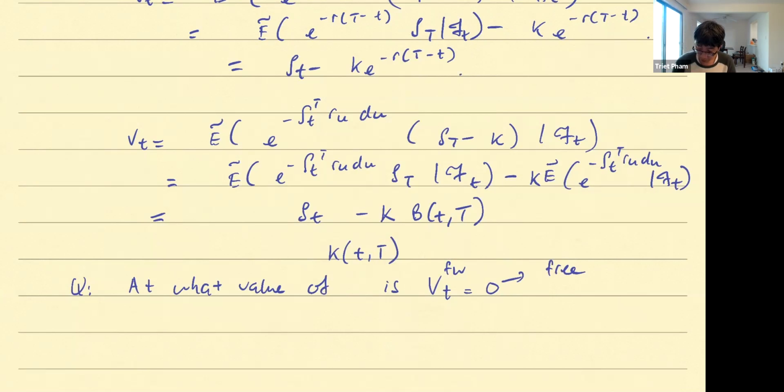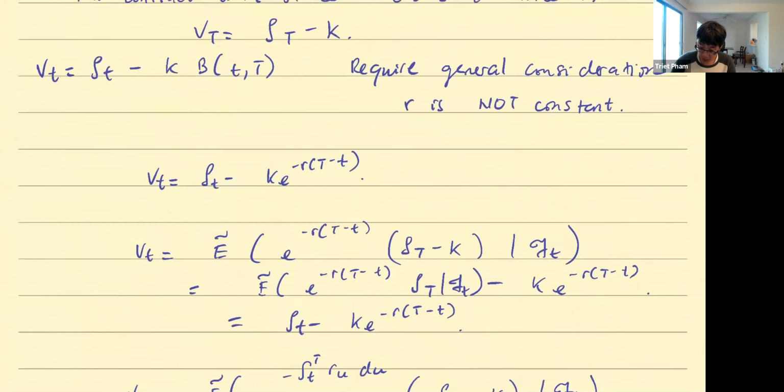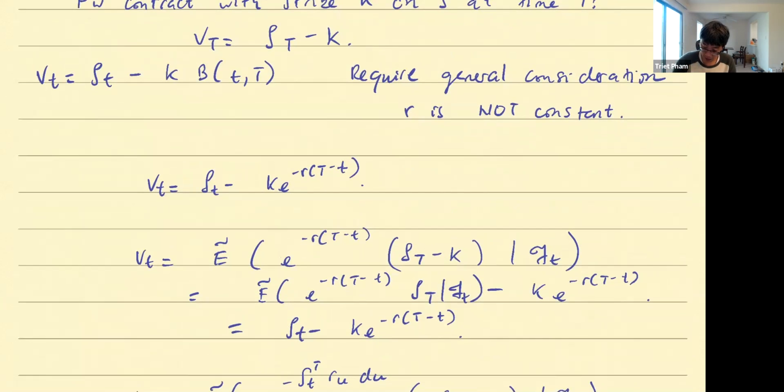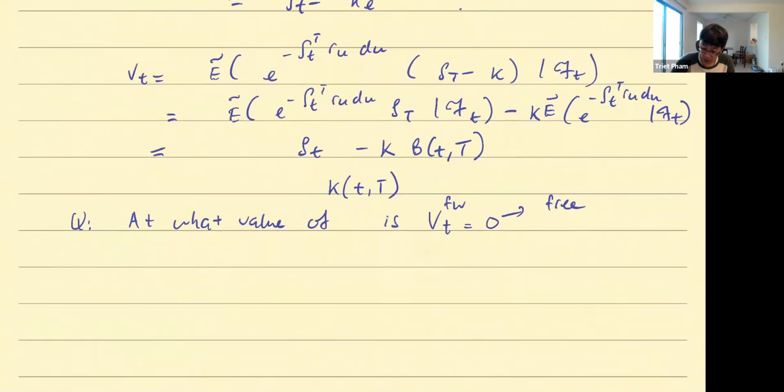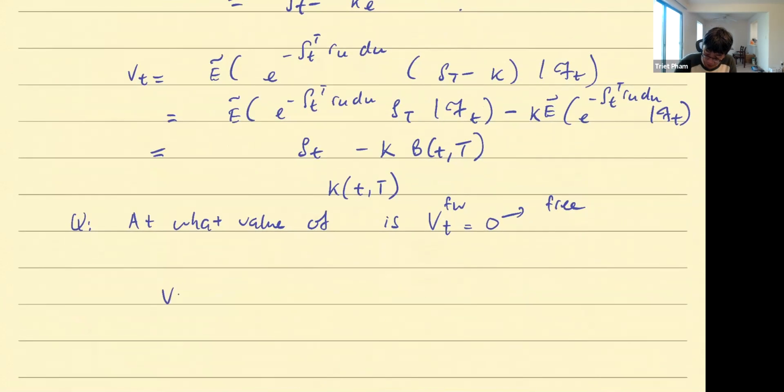So 0 is a good reference point for many things. For the answer, look at this. This is a forward price at any time little t. You want to know what K it is? Just solve for it. So V_T is S_t minus K times bond price B(t,T).